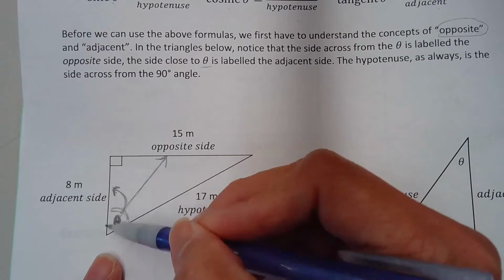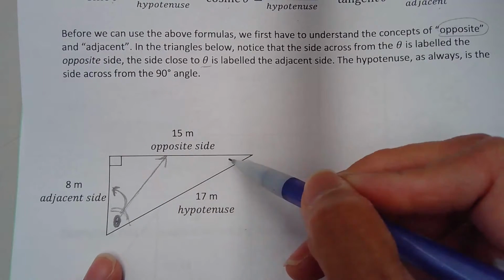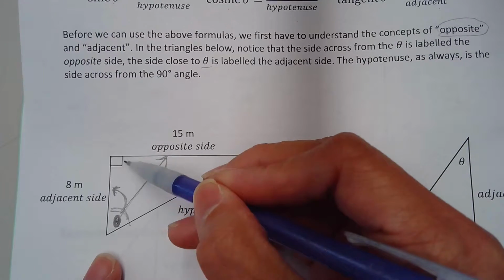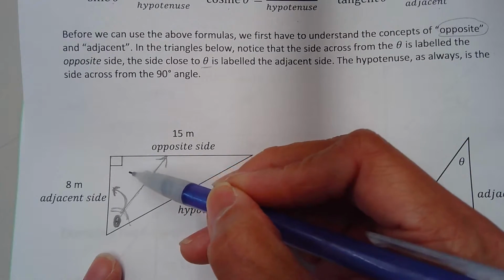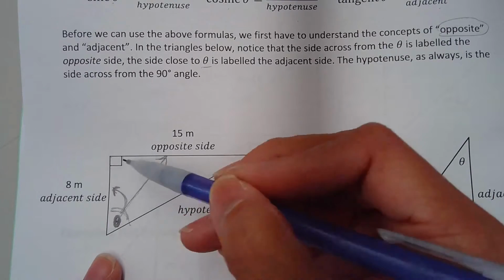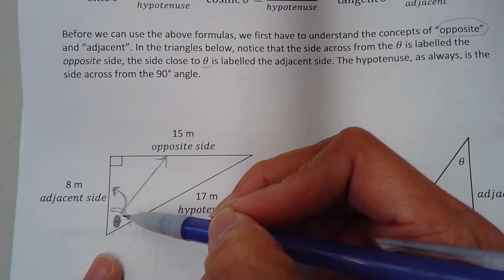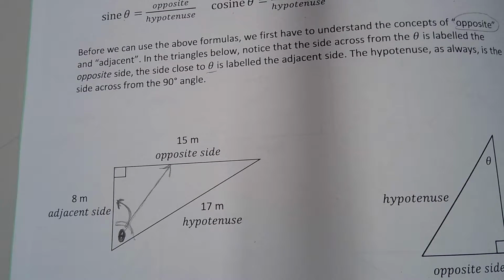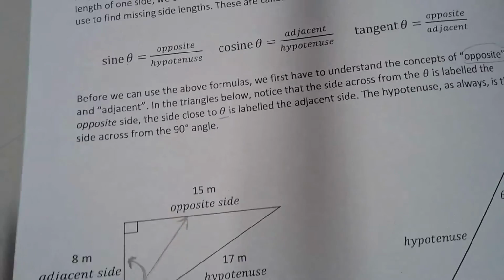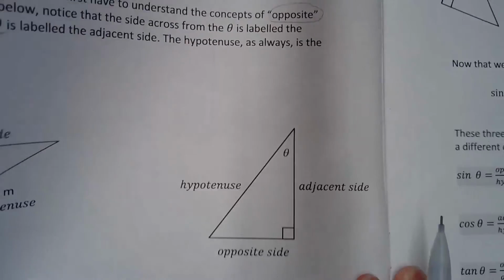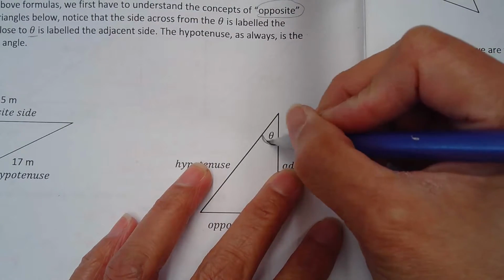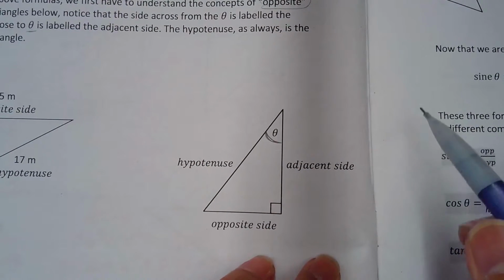Opposite and adjacent create your 90-degree angle here. Your opposite and adjacent, that's where your 90-degree angle is formed. Take a look at this one. Where is your angle? Right there.